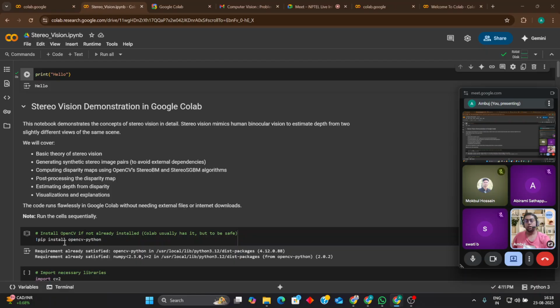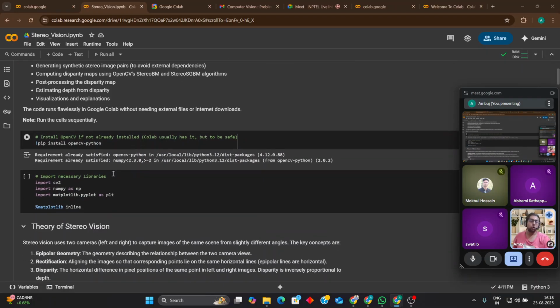Now, for performing the computation, stereo vision will give you the depth map at the end of the code, or the two codes I'll try to demonstrate. You will always get a depth map. Stereo vision's principal job is just to calculate the depth.